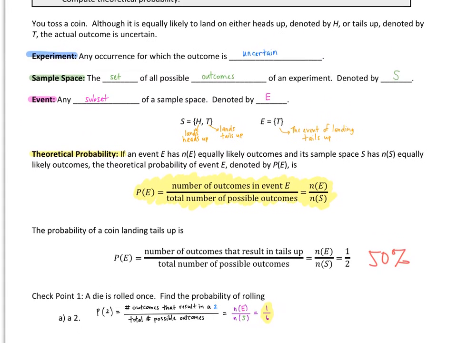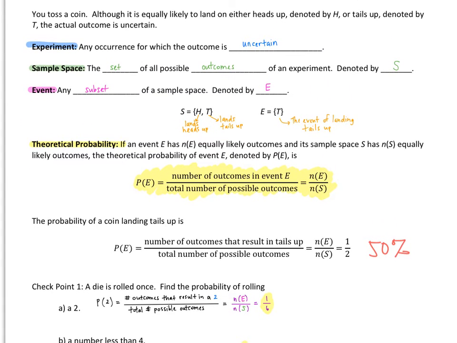Let's take a look at some more examples using a die. A die is rolled once. Find the probability of rolling, first example, a 2. Remember, there are 6 sides on a die. If I want to know the probability of rolling a 2, I need the number of outcomes that result in a 2 over the total number of possible outcomes.